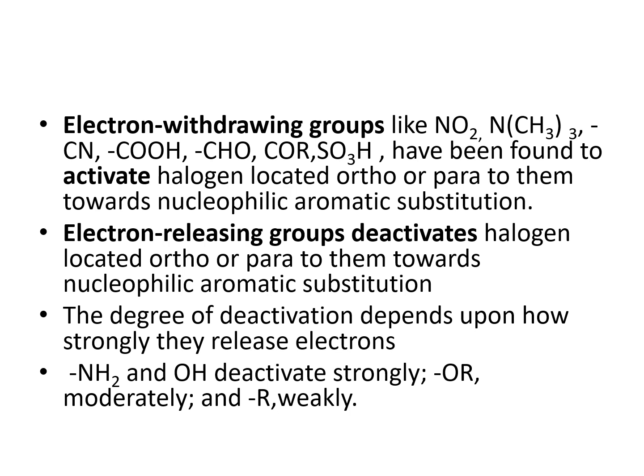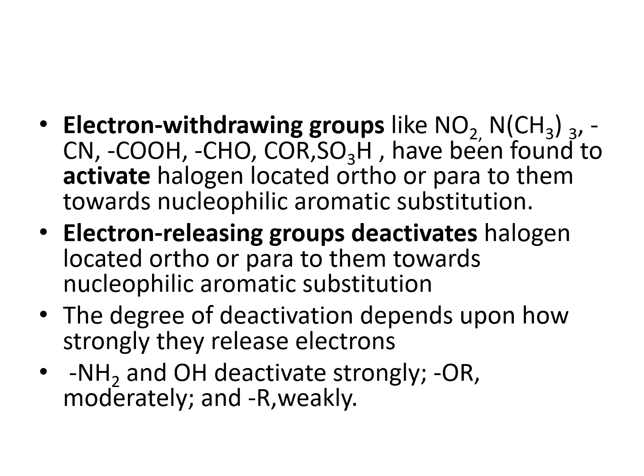And electron releasing groups deactivate halogen located ortho and para to them towards nucleophilic aromatic substitution reaction. So we can see it is just the reverse of what we have learned in the electrophilic aromatic substitution reaction. So this is nucleophilic aromatic substitution. We have learned electrophilic aromatic substitution previously. In electrophilic aromatic substitution reaction, electron releasing groups were activating.